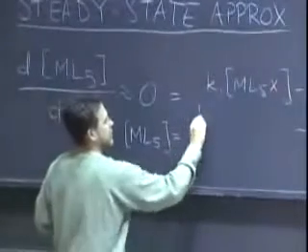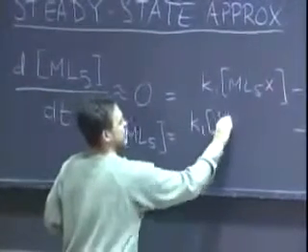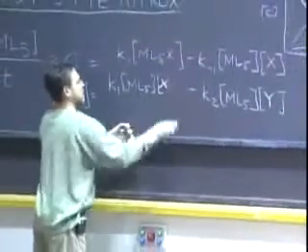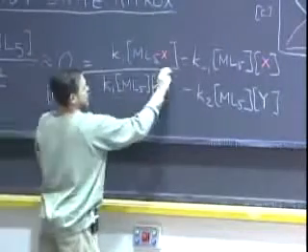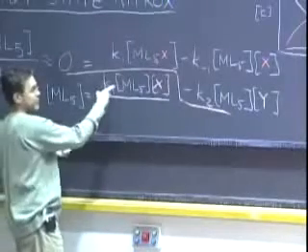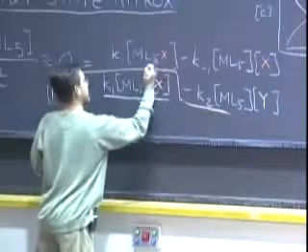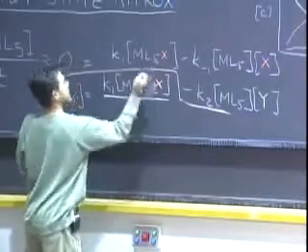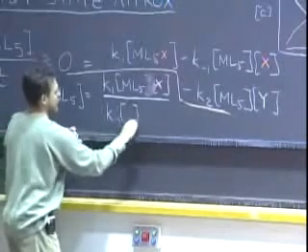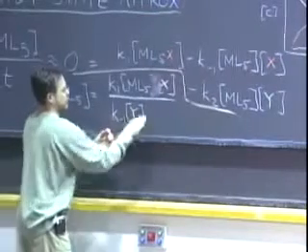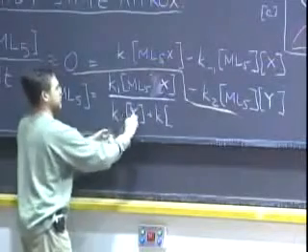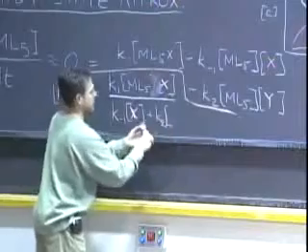ML5 becomes equal to K1 times ML5X divided by K minus 1 times X plus K2 times Y.